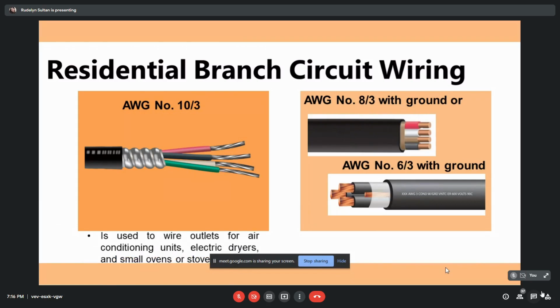AWG number 10/3 is used to wire outlets for air conditioning units, electric dryers, and small ovens or stoves. And AWG number 8/3 with ground or AWG number 6/3 with ground is used for ranges and wall-mounted ovens.